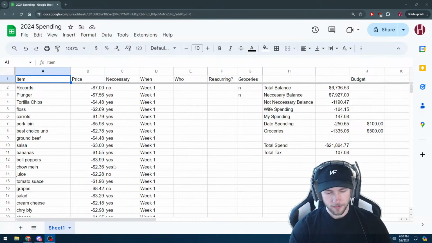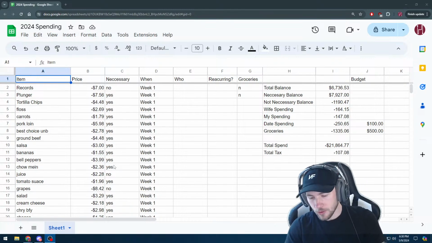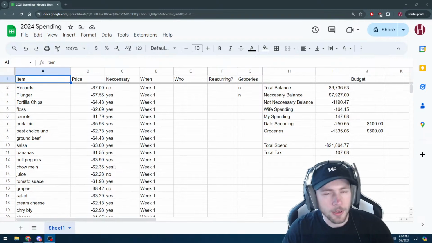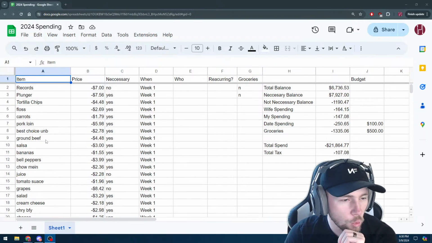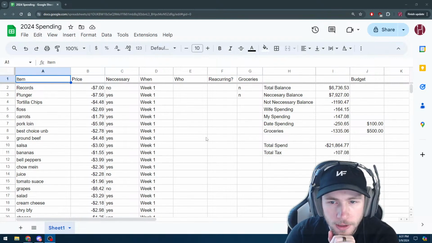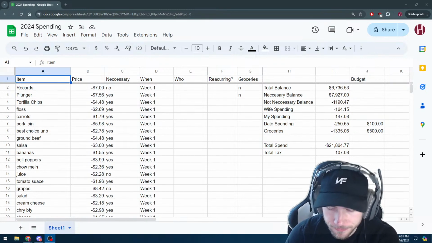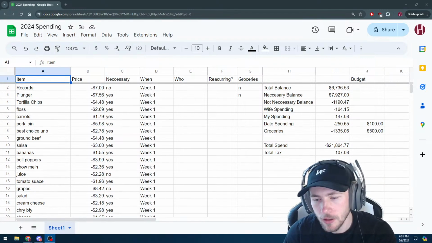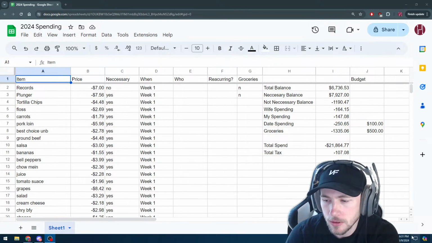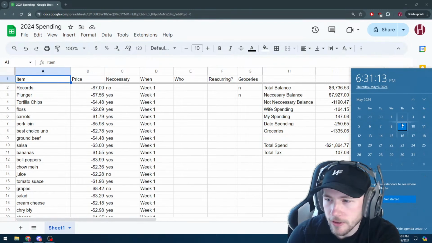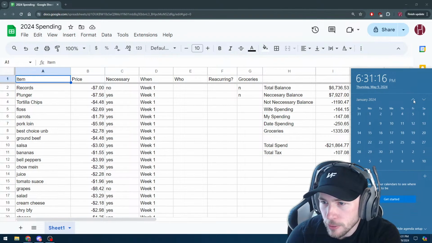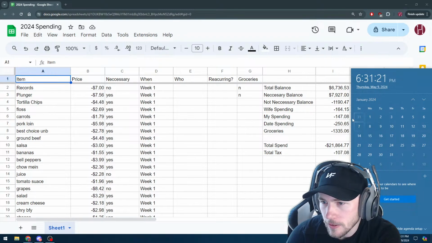Now, the unfortunate thing is we're going to need to find out what order these are in so we can log them under the correct week. As you can see, we got our weeks lined up here. I'm doing weeks as just Sunday through Saturday.